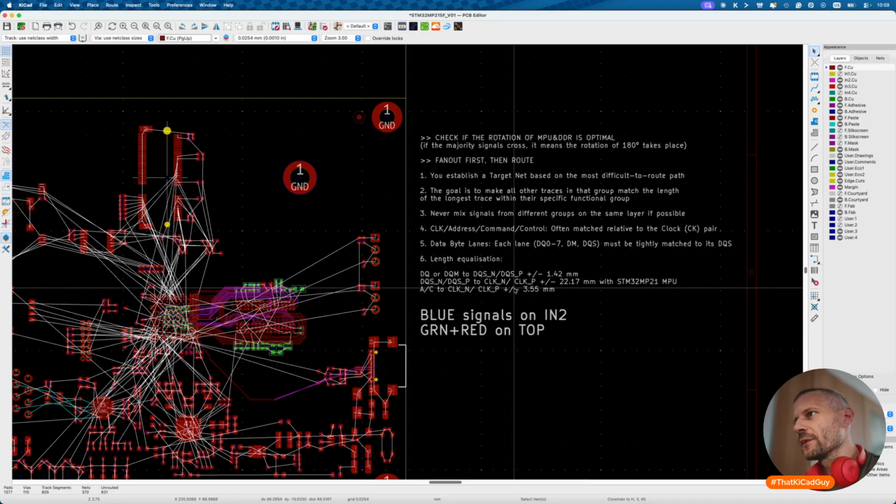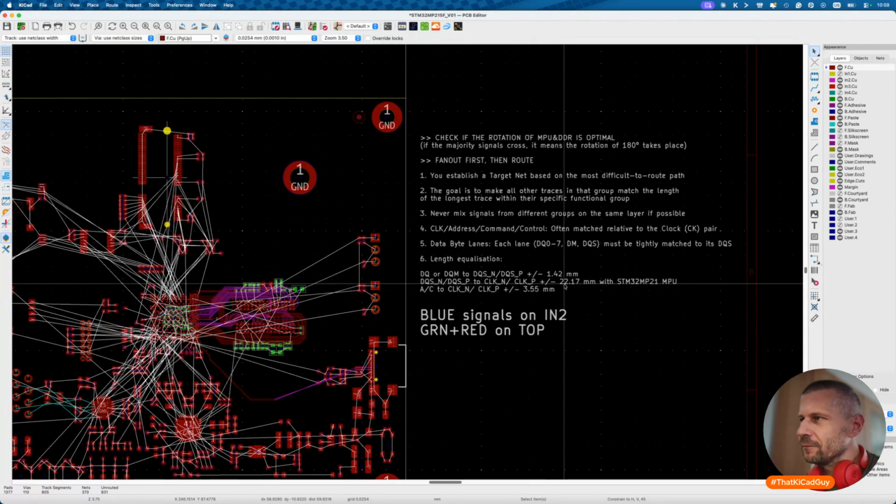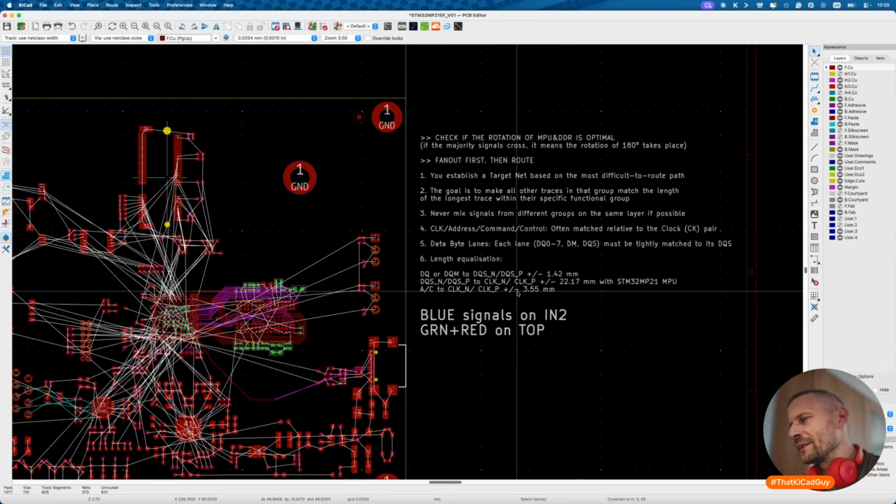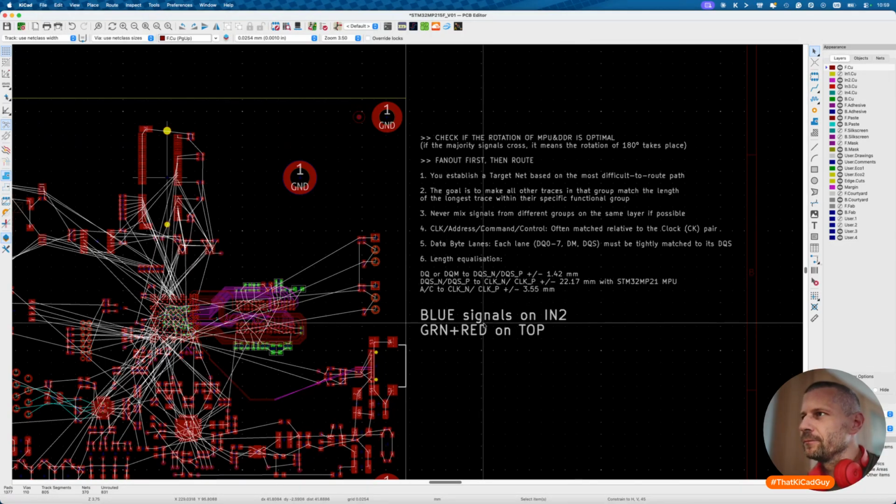Data strobe signals to clock are loosely matched, and all address controls are, let's say, tightly matched to clock. The clock is the reference signal here, and data strobe signal is the reference signal here.